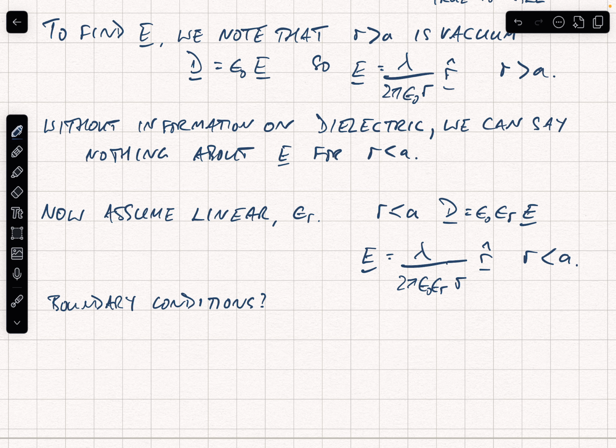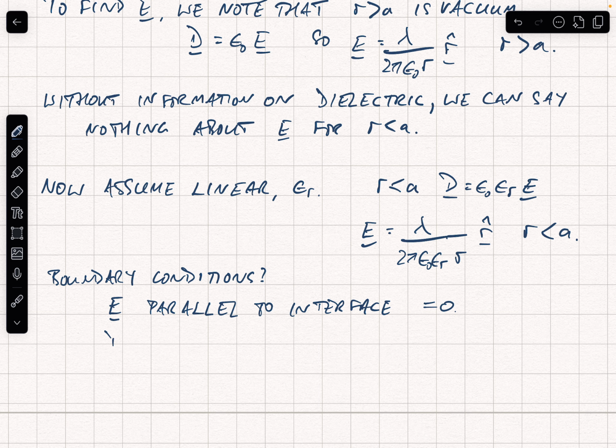But that's not a problem because remember that it's the E components parallel to the interface that are conserved. And E parallel to the interface actually is equal to 0 because it would either be in the phi direction or the z direction. So that'll be 0 either side of the interface, and that is conserved. What about D?